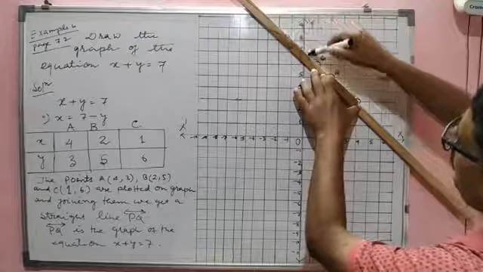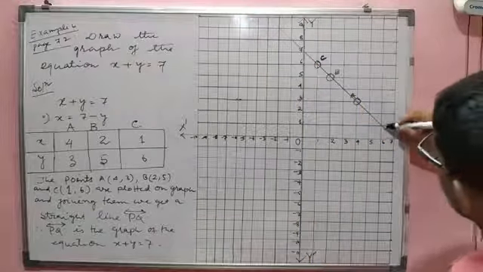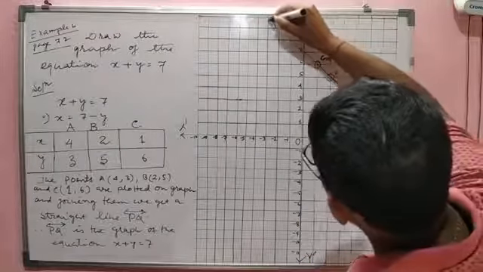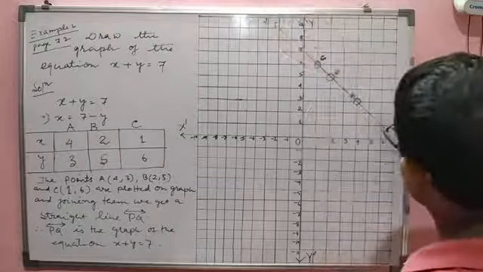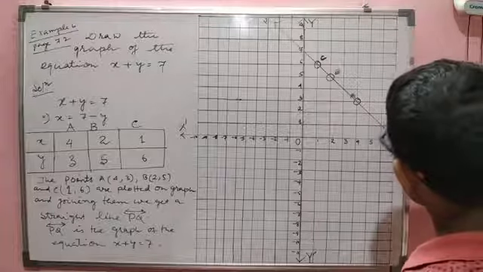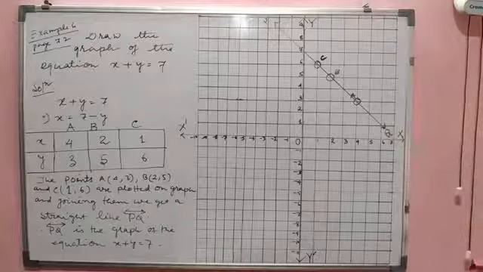And let us draw a graph. Name this line as PQ, and this side you have to put the arrow mark.